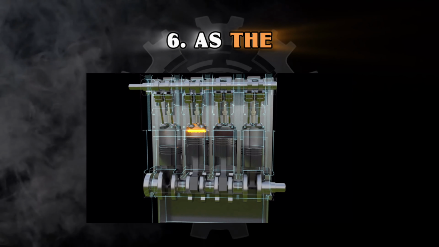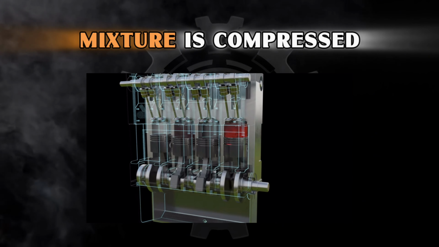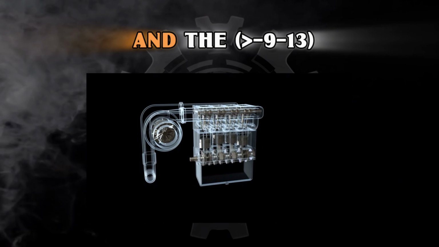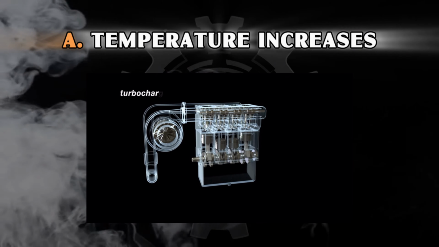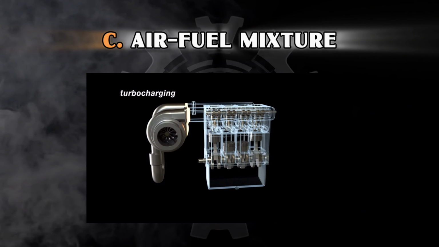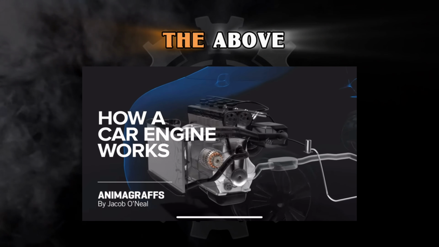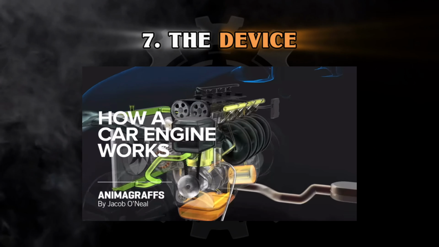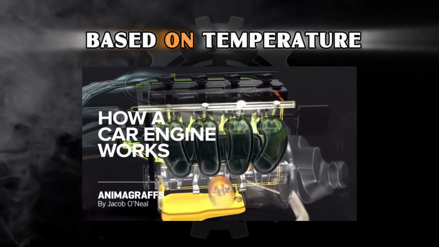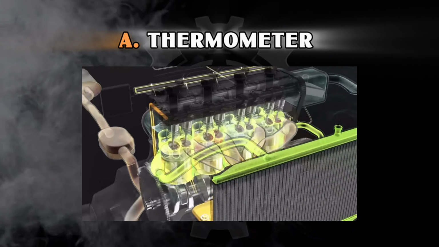6. As the piston moves up the cylinder, the air-fuel mixture is compressed and the A. Temperature increases. B. Pressure increases. C. Air-fuel mixture gets hot. D. All of the above. 7. The device that provides control based on temperature changes is the A. Thermometer.